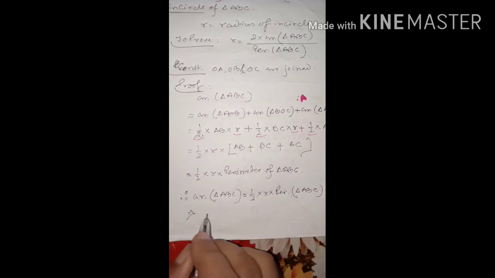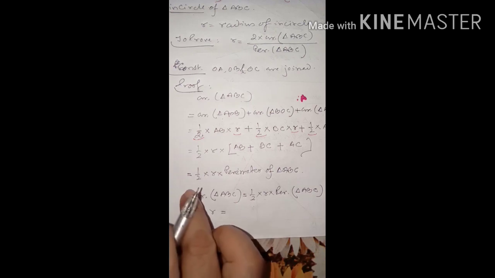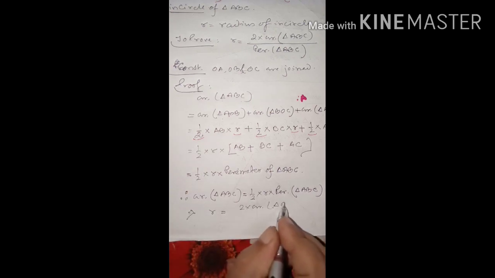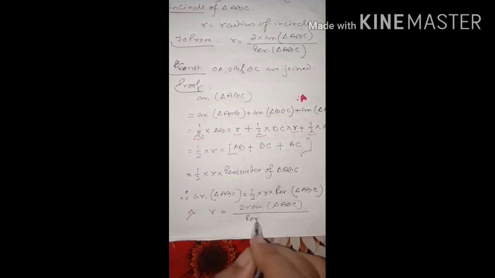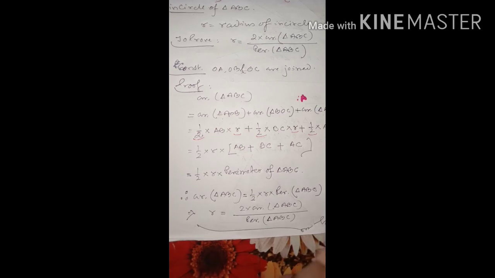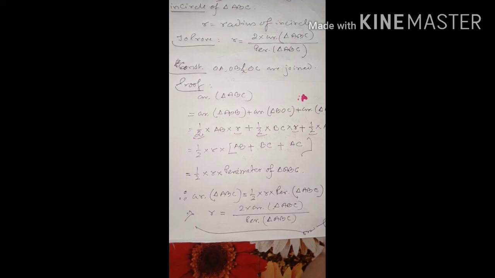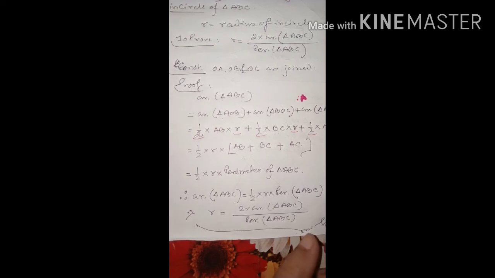R will be equal to 2 into the area of triangle ABC, and the perimeter of triangle ABC will come below. So this is a very useful theorem plus formula. As a formula we can utilize this. In our next class we will see some applications of this theorem and the previous theorems. Thank you students. Have a nice day.